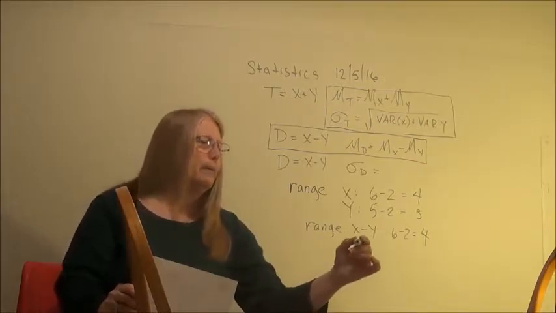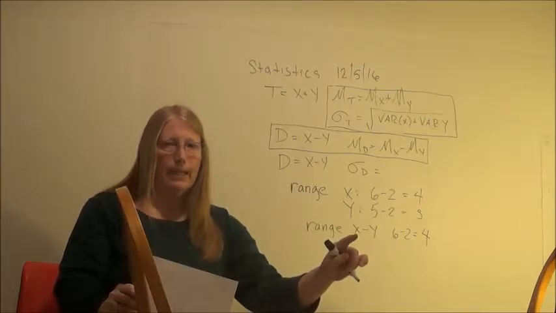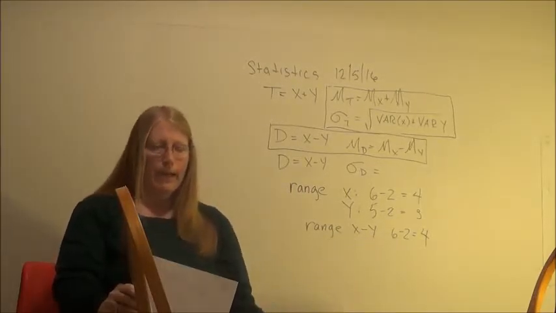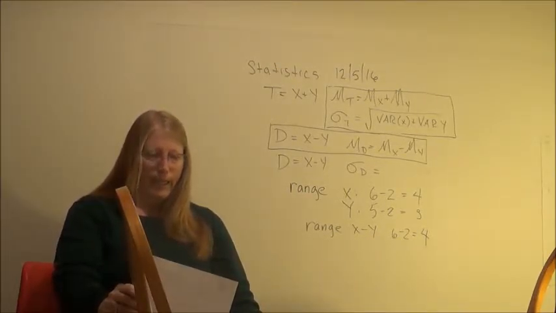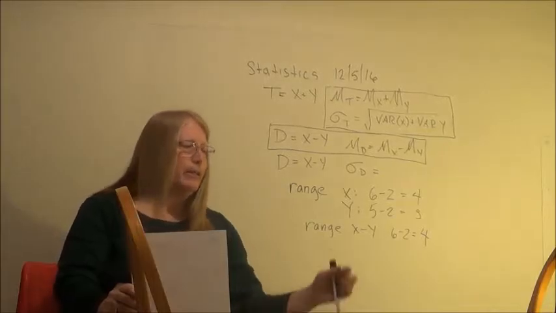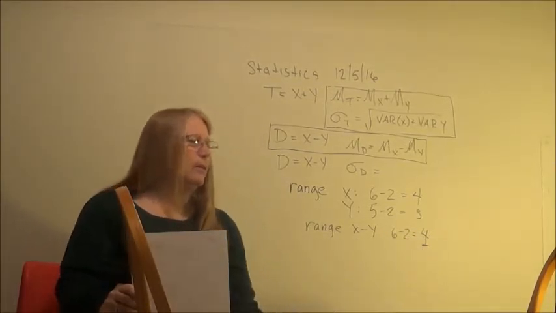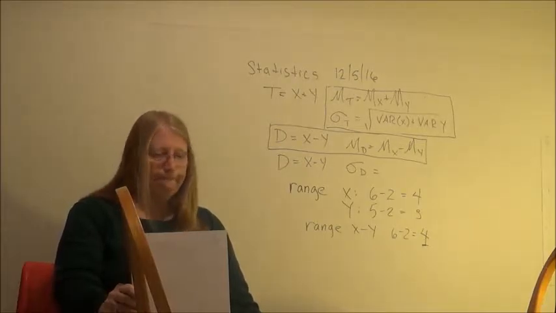Now let's think of the lowest number we can come up with. Again, we're starting with a number from Pete and subtracting a number from Aaron. What number would we take to get the lowest number? So this is the highest number possible. What about the lowest number?